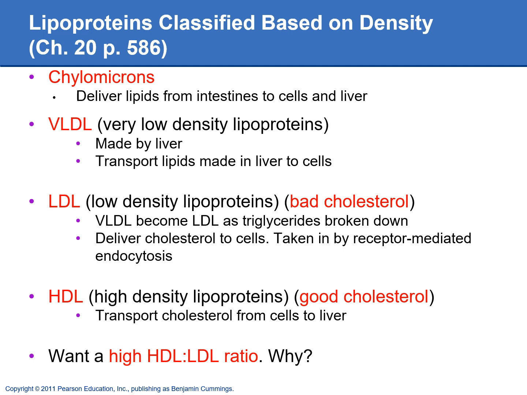The LDL are also called bad cholesterol, and that's because they will cause fatty plaques to build up in the arteries, and that's called atherosclerosis, and that can eventually lead to heart attacks and strokes.